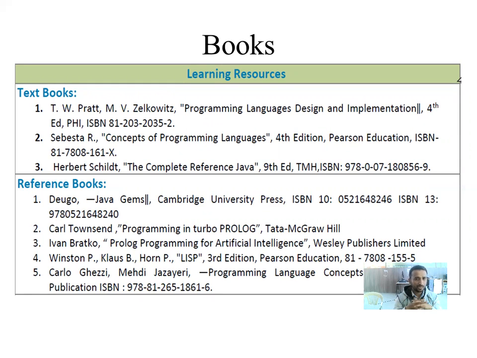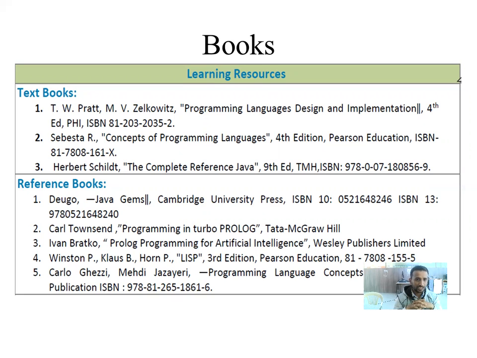There are also some different reference books. You can also go through these reference books. There are a number of reference books we have. Java Gems is there, which is written by Diogo. Then we have Programming in Turbo Prolog. You can also refer to this reference book. Then Prolog Programming and Artificial Intelligence is there.